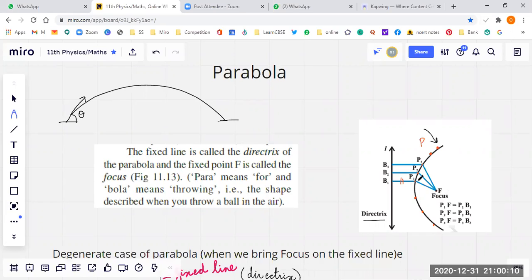Focus and directrix both remain fixed while the parabola is generated.